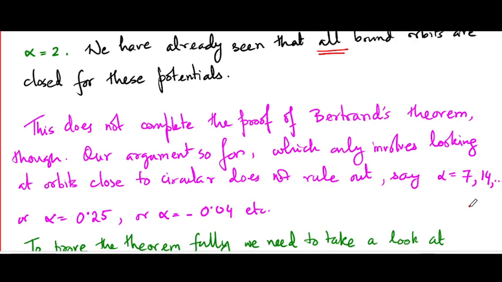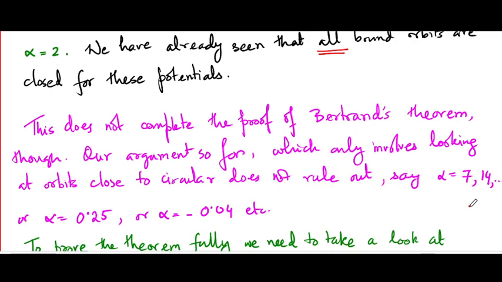Not only that, things like alpha equal to 0.25, which will give omega as square root of 2.25, that is 1.5, or alpha equal to minus 0.04. All of these would also give you rational values of omega, and our calculation so far does not rule them out. But that is because we are now looking at only orbits which are close to circular.